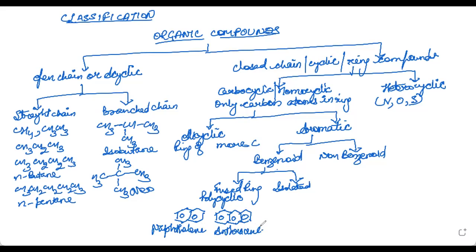Now, in case of isolated benzenoid compounds, there will be two benzene rings, but they are not fused together, but they are joined together with an additional bond.